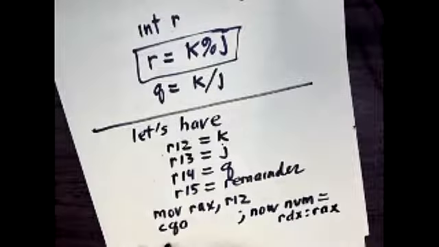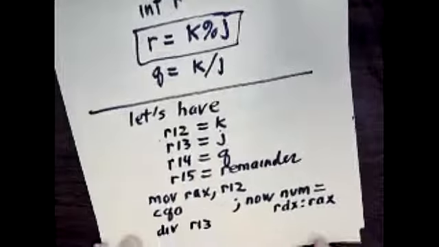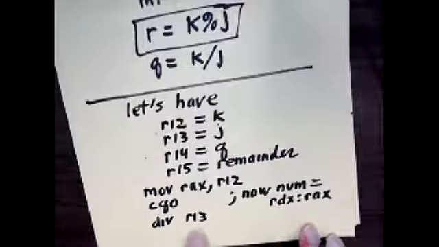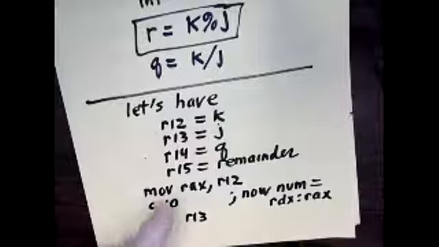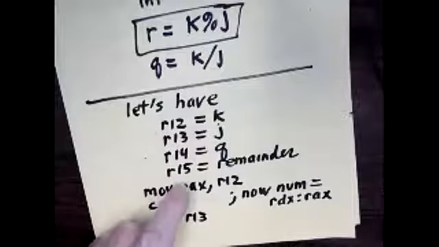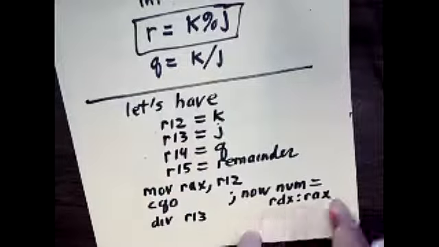Then, if these are unsigned numbers, you use div. If they're signed, you use idiv. I'm going to assume they're unsigned. So div by R13. It's one parameter because the div assumes that the numerator is in RAX, in this pair.